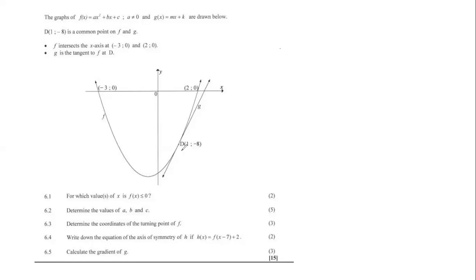Here is coordinate D. We are given coordinate D, it's (1; -8). And at coordinate D, it's a common point. So it means at coordinate D, the graph of f and the graph of g are the same.